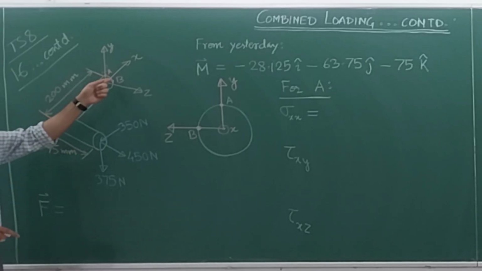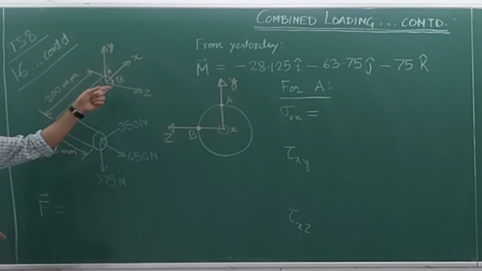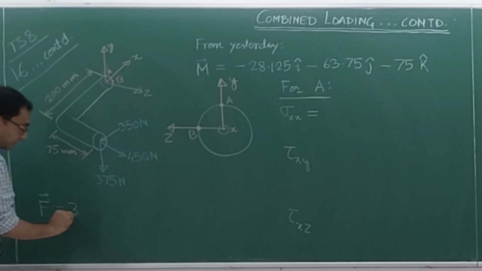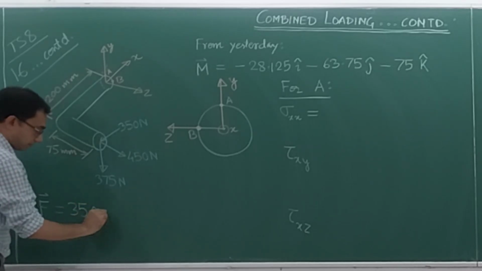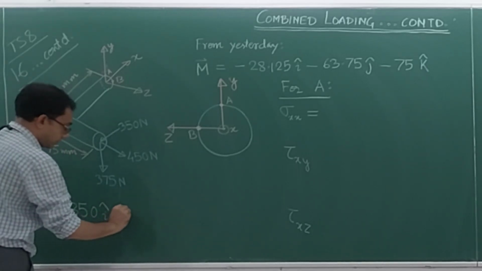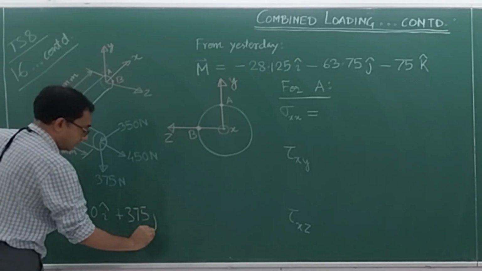If I go and look over there on that cross section, there should be a set of forces counterbalancing this one. So the F vector will be what? First of all, plus 350 I hat. Then plus 375 j hat.